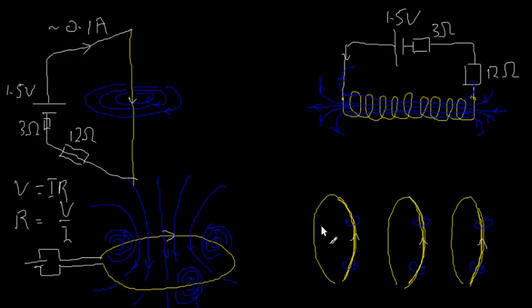So sort of magnetic field going around this way, this direction, going around in this direction. Okay, and around the center of the loop, it would look more like that.